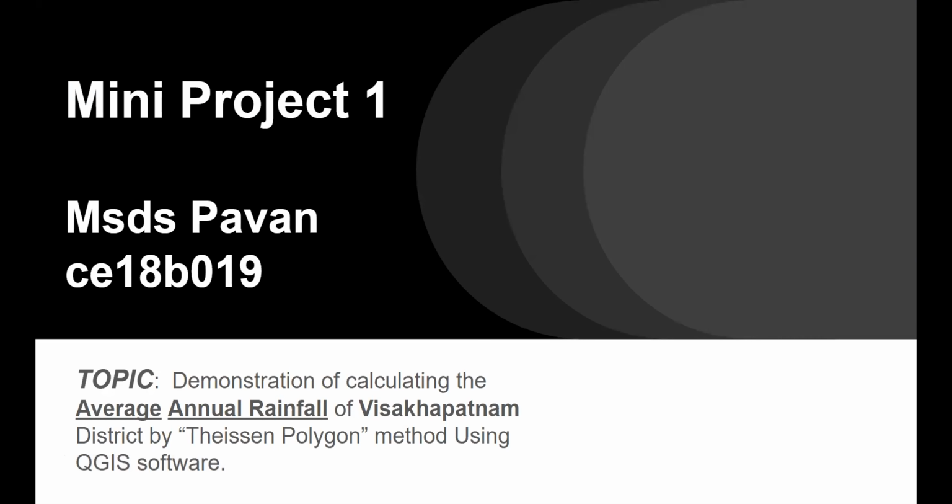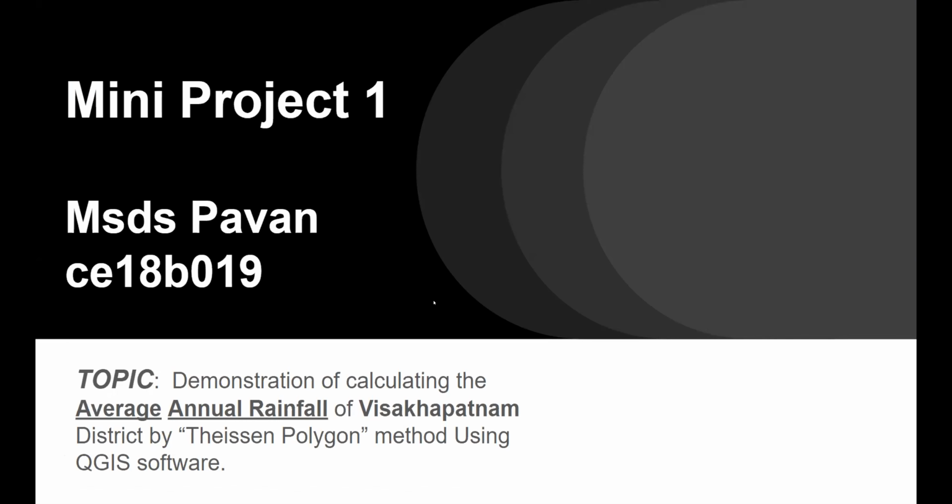I think it's Thiessen. I'm not sure, but that's okay. Keep going. You need to turn on your microphone also, Pavan. Good morning, everyone. So, as we have been assigned this project of calculating the average annual rainfall of a particular district of Andhra. Pavan, we don't have time. No stories. Keep going. I just want to see your steps.